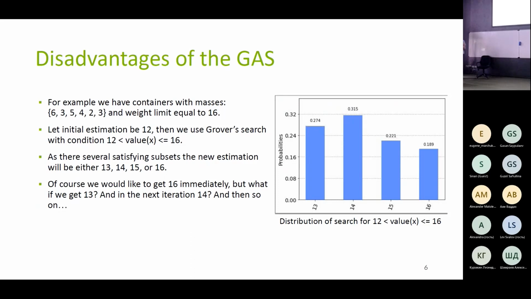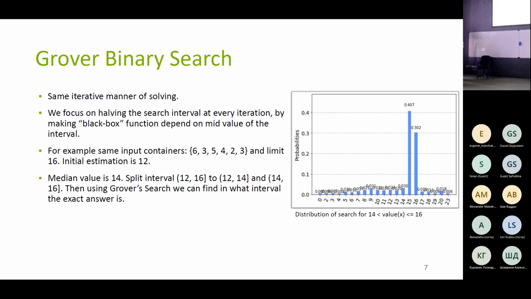Of course, we would like to get immediately 16, which is the ground truth answer, but we can get unlucky and we can get 13. So we will have to repeat the process, and then again we can get unlucky, and get 14, and so on. And in such cases, our time to work in terms of applications of Grover search is linear, and we wanted to get rid of it and get the guarantee of logarithmic scale.